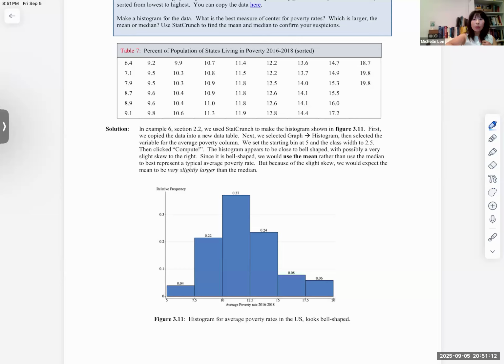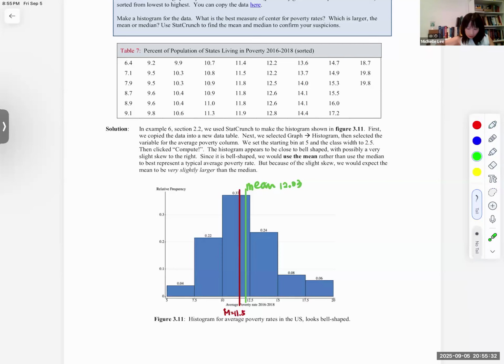So let me see that. Median 11.5 with the red. Okay, let me do it.